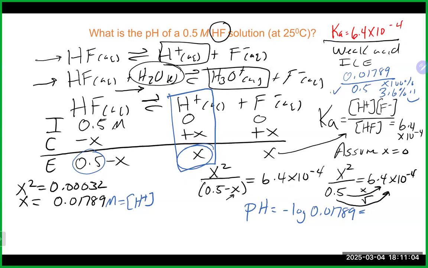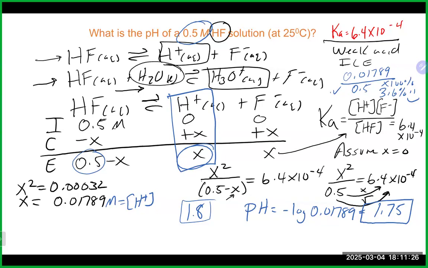And there it is. We'll get 1.75 in this case. Or really a 1.8 on sig figs there, since that has just one sig fig, it should have one decimal place in this case.